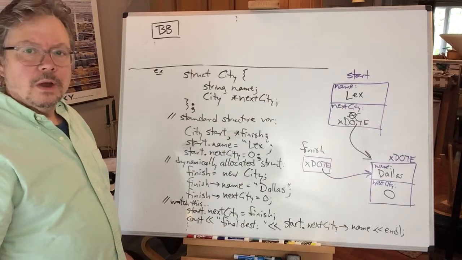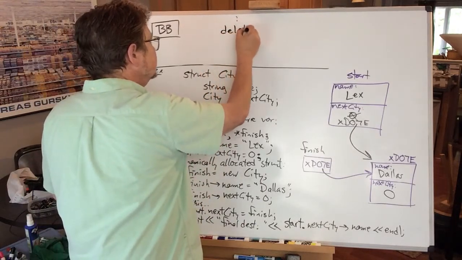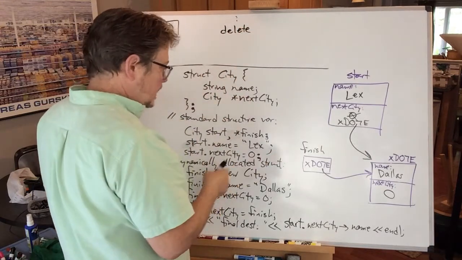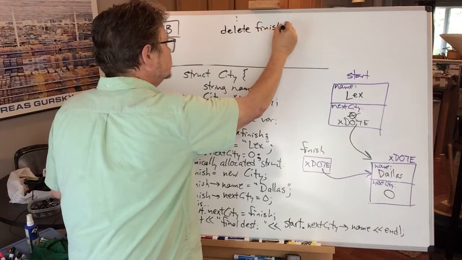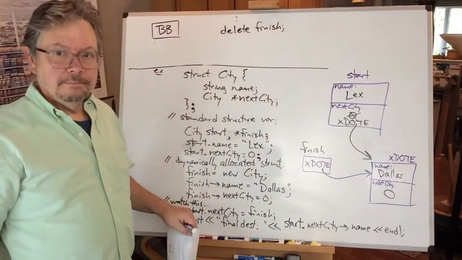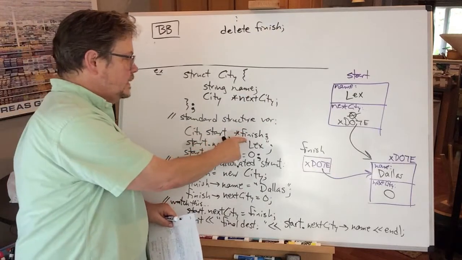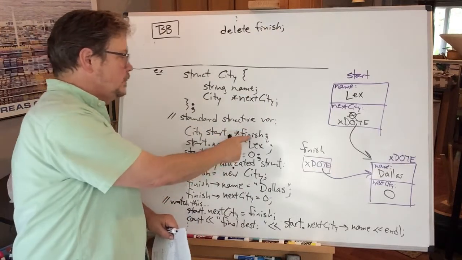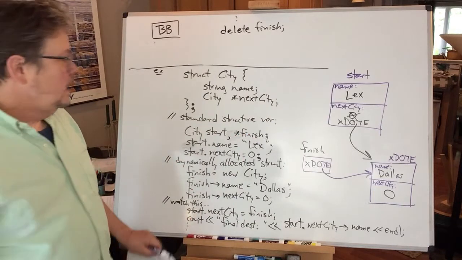I can get rid of that whole structure at one time. I just use that delete command. Delete, not delete Dallas, delete finish. Let me catch up. That does not get rid of the variable name finish. The variable name finish is going to live as long as this is in the main program. It's not going to come and go.